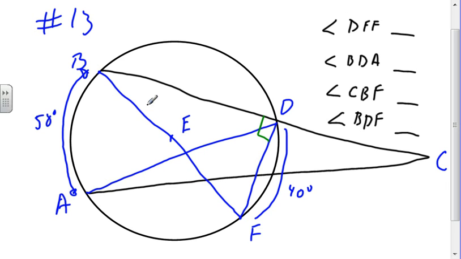We also know that this inscribed angle is half the outside. We know that. And so if that's 90 and that's 20, then we know that this guy down here is 70 degrees. So those are all things that we know.